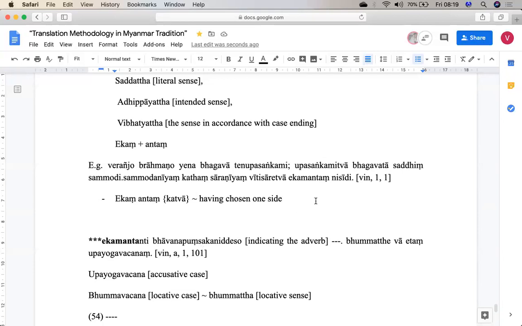So at the time, again ekaṃ and aṃsaṃ, the accusative case and the accusative sense. The one also we can say Sayadaw also.